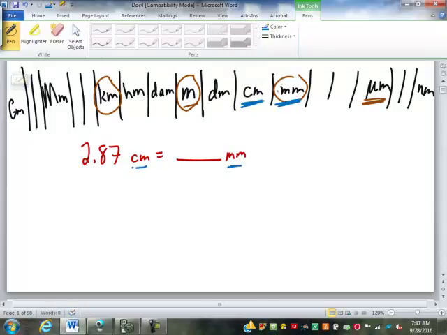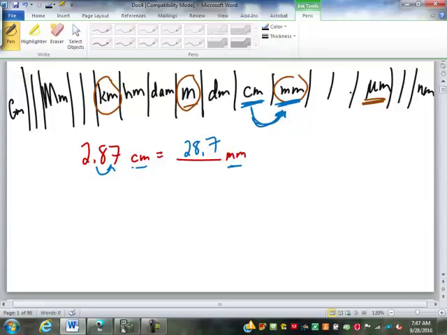To get from centimeters to millimeters, we're going how many spots? One spot. Every spot on this chart is multiplying or dividing by 10. So I moved over one spot to the right. I'm moving the decimal point one spot to the right. So it's 28.7.